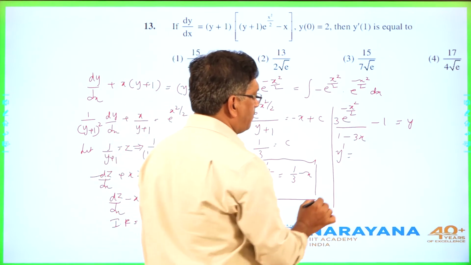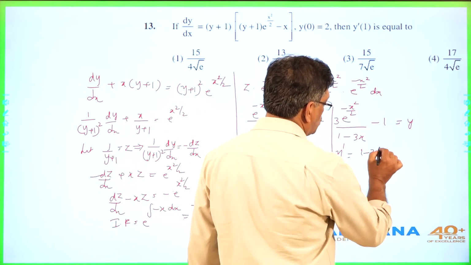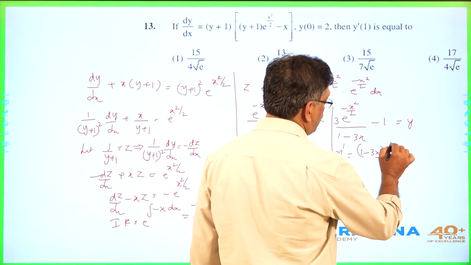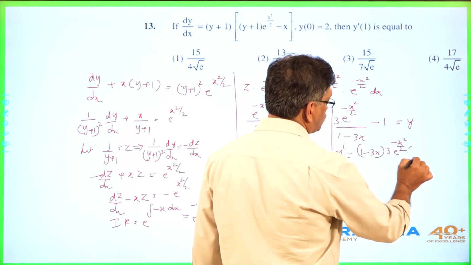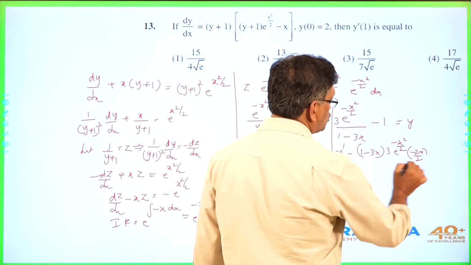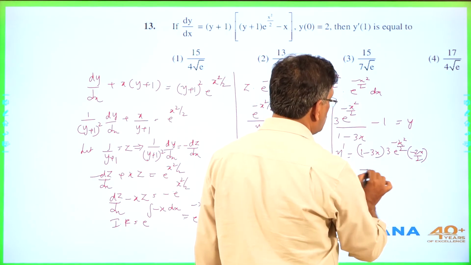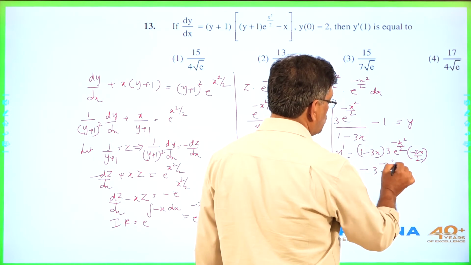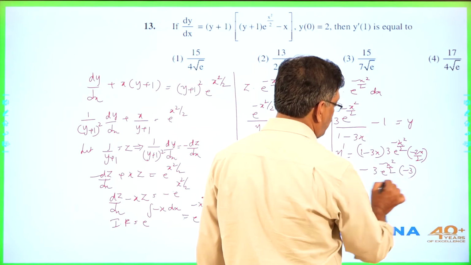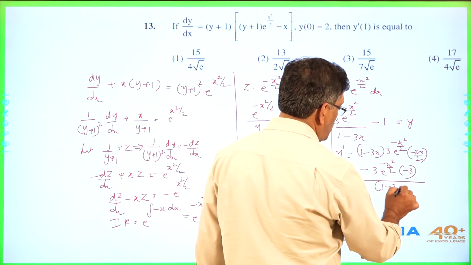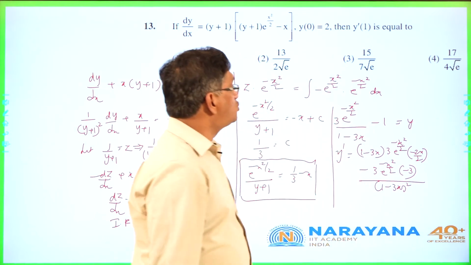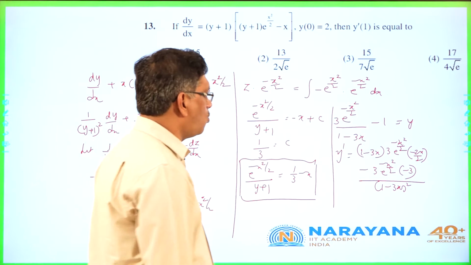So v into differentiation of u, e power minus x square by 2, that is minus 2x by 2, right? v into differentiation of u minus u into differentiation of v, by v square. Now substitute 1 wherever x is there.